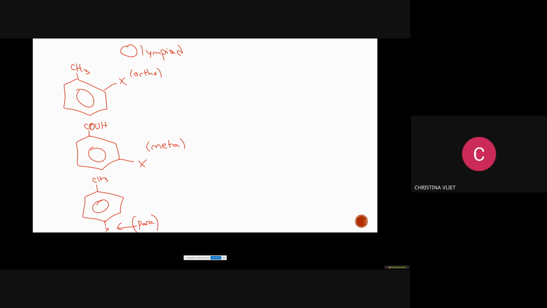So I remember it as OMP. Ortho is the second, meta is the third, and para is the fourth. And so they would say electron donating groups would go to the ortho and para positions, and electron withdrawing groups go to the meta position.